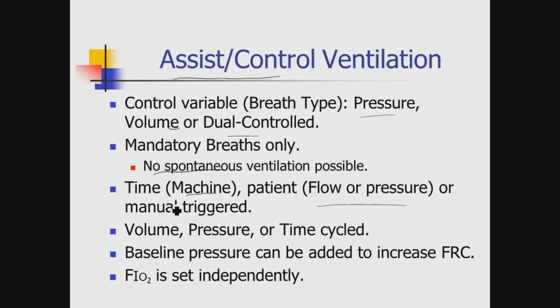Or technically, I guess, it's turned on by the therapist at the bedside, pushing the manual breath button. Any of them are possible. Depending upon what the control variable is will dictate what the cycling variable is. Pressure will always have a time-cycled mechanism. Volume will always have a volume. And then we can set baseline pressure and FiO2 as need be.